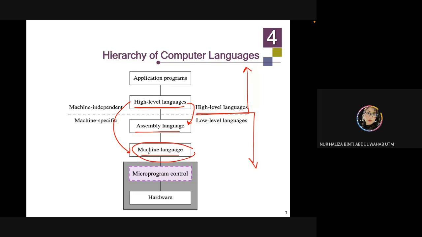So that's why from your higher level language, you need to convert to your machine language, or maybe you can convert to your assembly language, and your assembly language can later be converted to your machine language. Only then can your computer, your machine, understand what you actually want them to do.